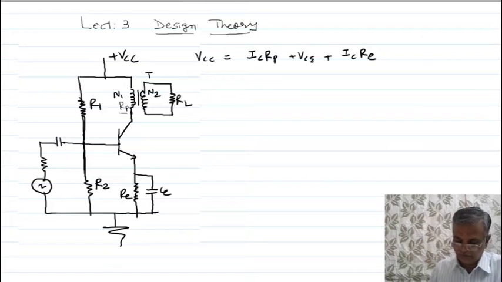You can see this voltage VCC with respect to ground is equal to the voltage across the primary plus collector emitter voltage plus voltage across the emitter resistor. This is DC we are writing. I am talking about the DC load line.